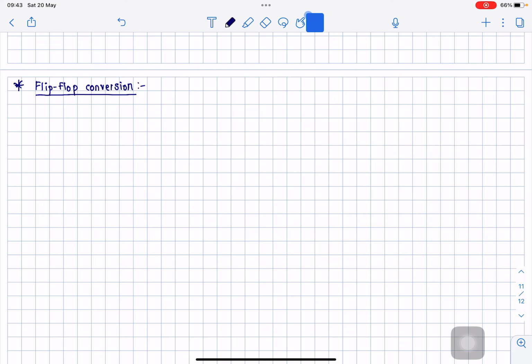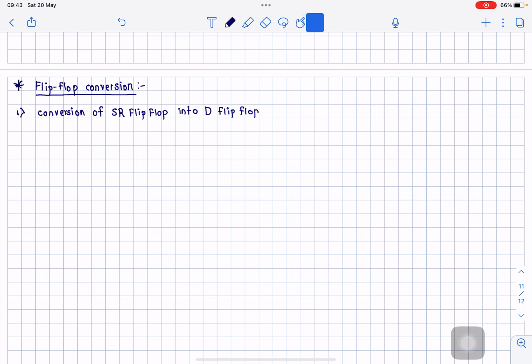So first, conversion of SR flip-flop into D flip-flop.